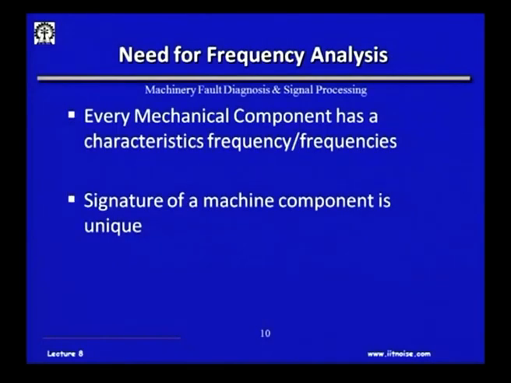So, with this kind of background, you will see that it is good that by time domain analysis we have some idea about the features of the machine, but sometimes we need to do a frequency analysis of the signal, because every mechanical component has a characteristic frequency or frequencies.